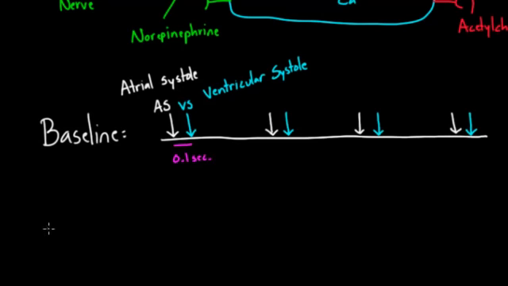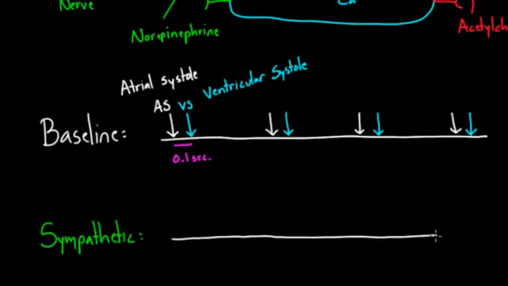Now, if sympathetics are driving this cell, let's say actually I'm running, right? So this is a scenario where I'm running and I'm being chased, or maybe I'm chasing someone, and over the same time frame, what would happen? Well, in this case, I'll have more atrial systoles, right?